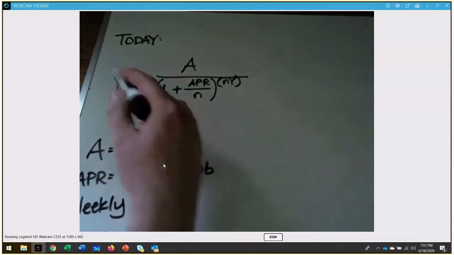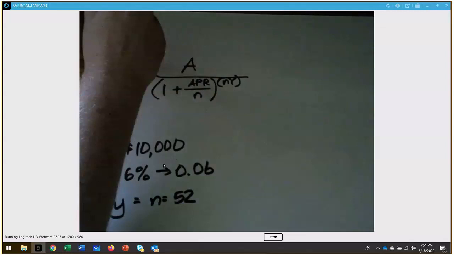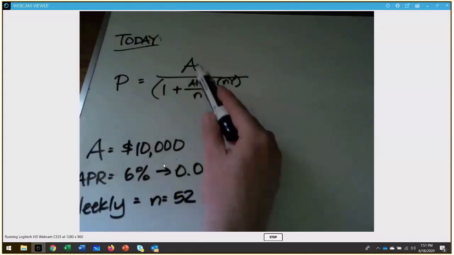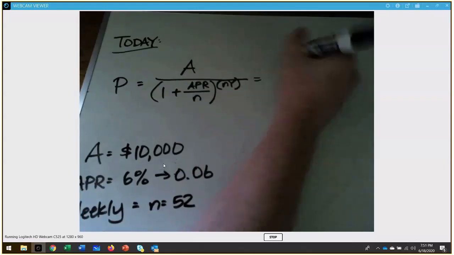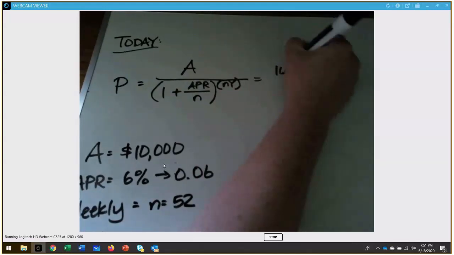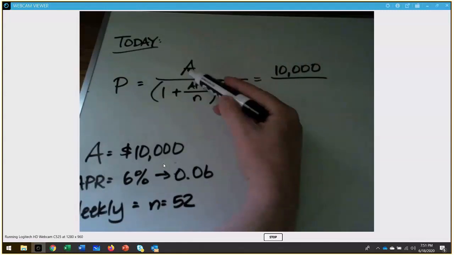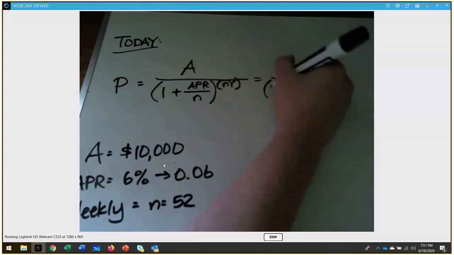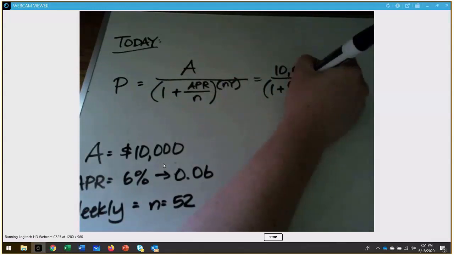Okay, so again, here I chose the formula because it asked for how much today. And then I'm going to substitute into this. 10,000 is what I want it to be 8 years from now, so that's my future value. 1 plus my APR is 0.06.